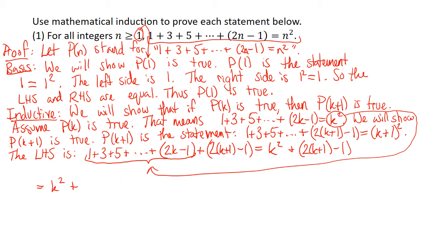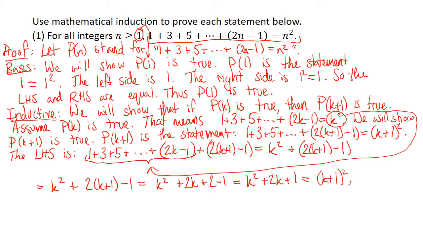Let me simplify it a little more. So I can drop the parentheses, and then I can distribute the 2. And now I can just factor that into k plus 1 squared.